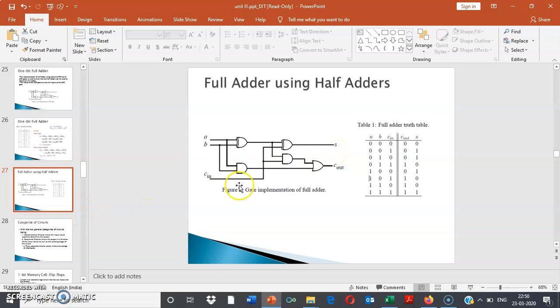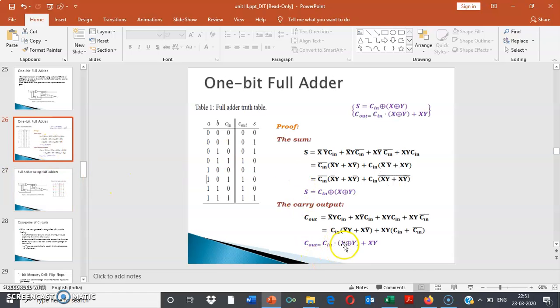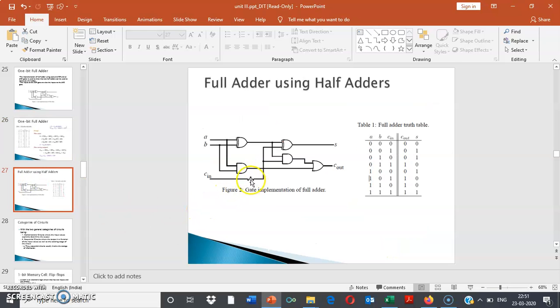Similarly, C out equation was C in into X XOR Y plus XY. So let us check out. So this is C output. Here you got A XOR B, you multiplied by C in. So what is the output of this AND gate? It is C in into A XOR B. Here the output of the first XOR gate you have connected to the AND gate, and the second input is C input.